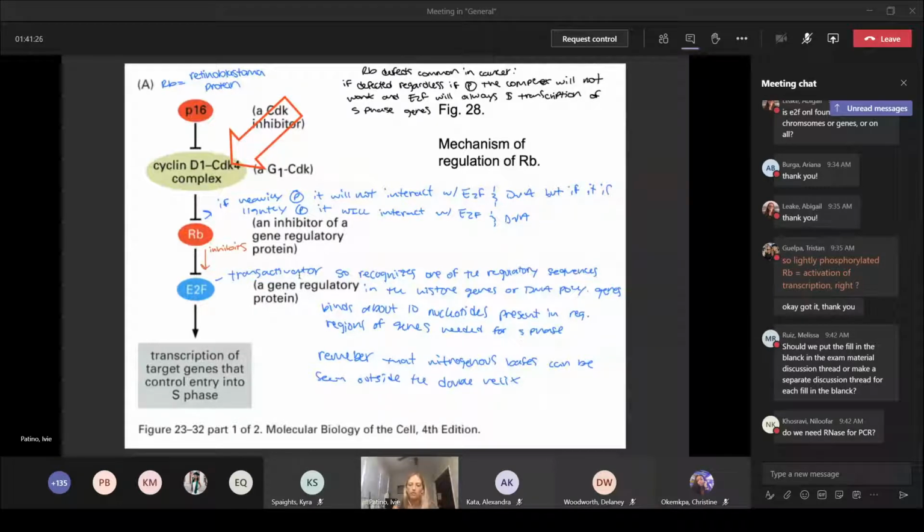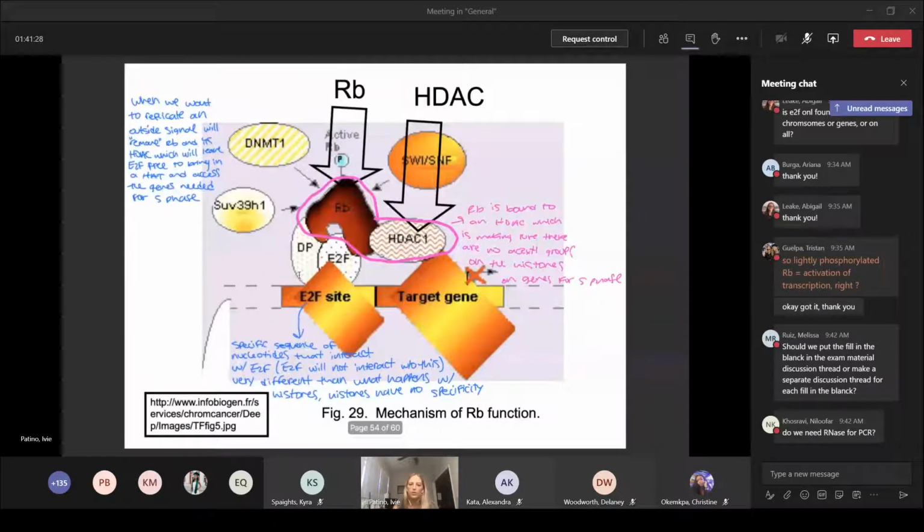That means that it's going to recruit a HAT so that we can add acetyl groups to the histones and open up that DNA, allowing for transcription and replication. So all of those genes needed for S phase, E2F is bringing in a HAT and allowing for those to be transcribed, and we're allowing for our DNA to be replicated.